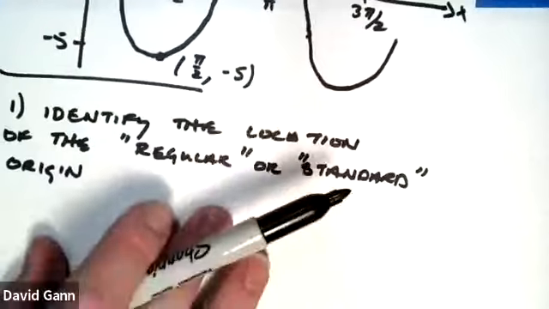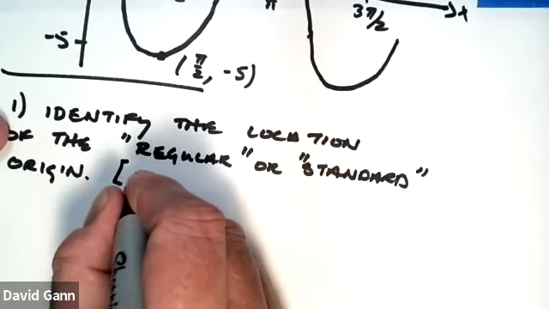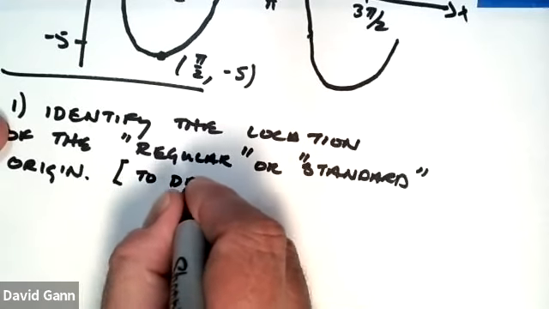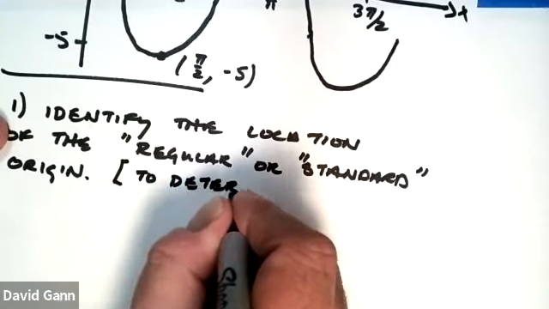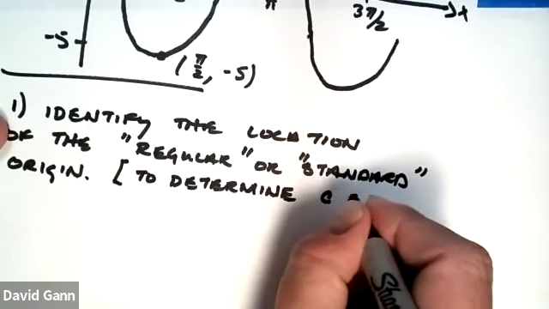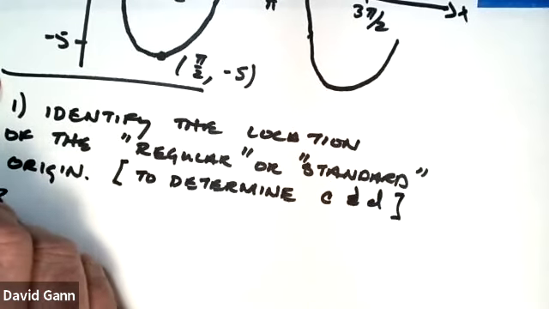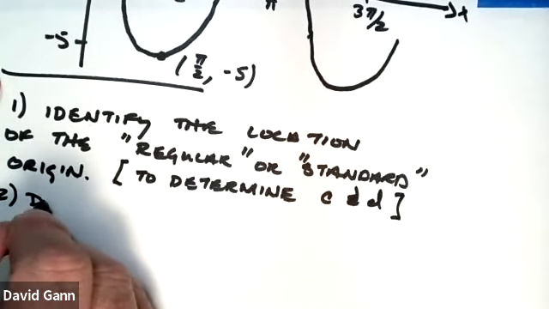So I'm going to say, in parentheses here, to determine C and D. And then the second task is to determine the period.